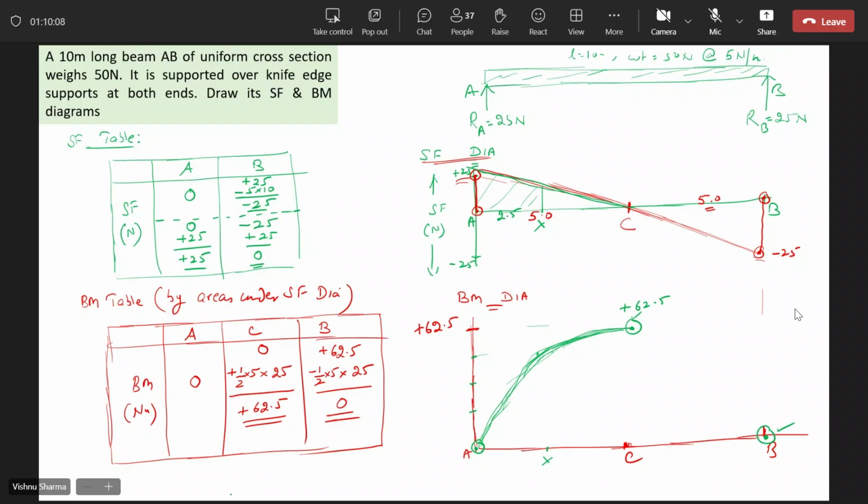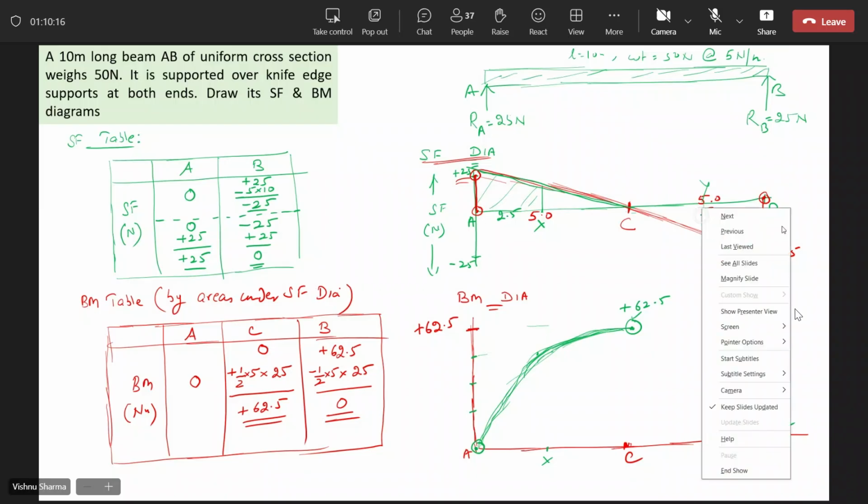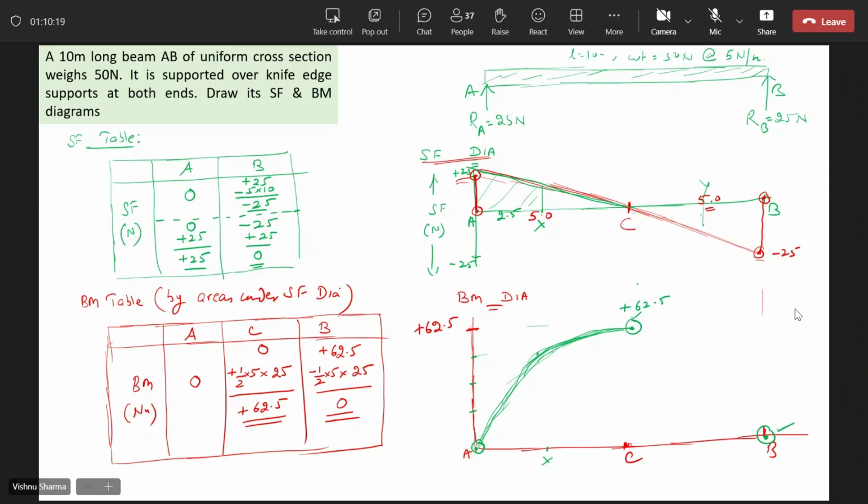Base to vertex. So that means from C the area at Y will reduce by 25%, or from B to Y the area will be 75%. That means the point at the middle of this would be somewhere here. Yes or no? Am I right?